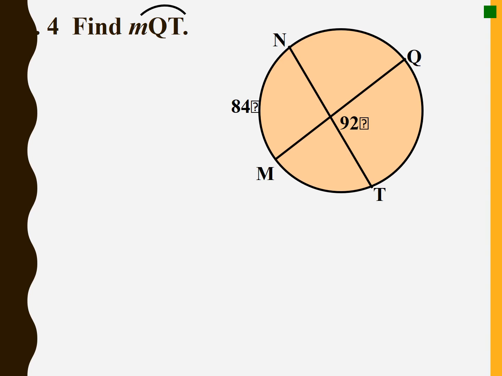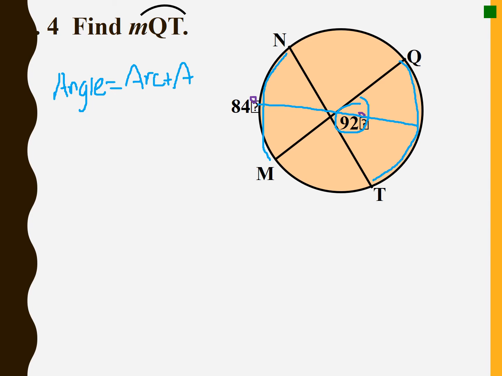On this one, ignore the question marks. Those are degrees. This time, we're not trying to find the angle, we're trying to find the arc. So again, I'm going to draw a line through the angle so that I see QT and NM make up the angle, 92 degrees. So we're going to set up an equation. We know the angle equals arc plus arc divided by 2.